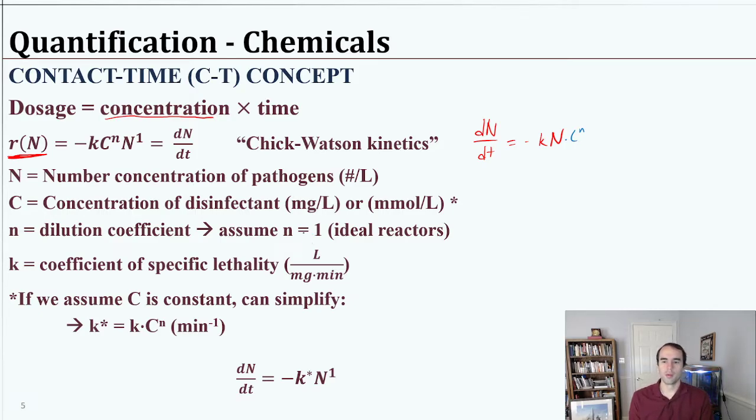So that might be particularly important for something like an ozone contact system where we have ozone bubbling through the water, and perhaps if we don't design it right, then the concentration of ozone right where the bubbles are coming out is plenty high, but at the top of the water where the bubbles have gone through a lot of water and they have already dissolved, maybe the ozone towards the top of the water column is not getting into the water quite as much because there's less ozone available.